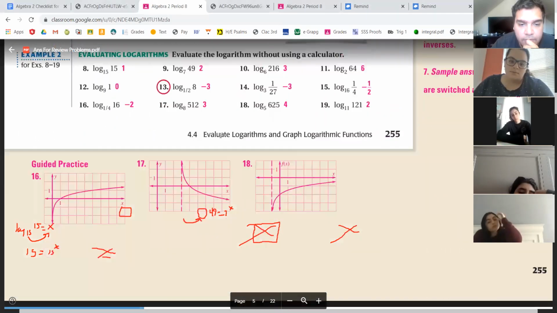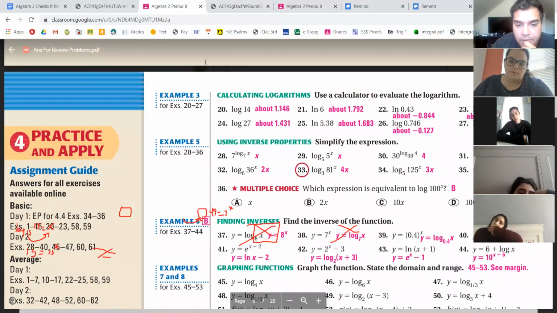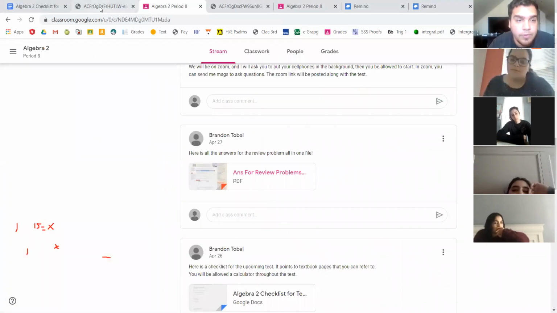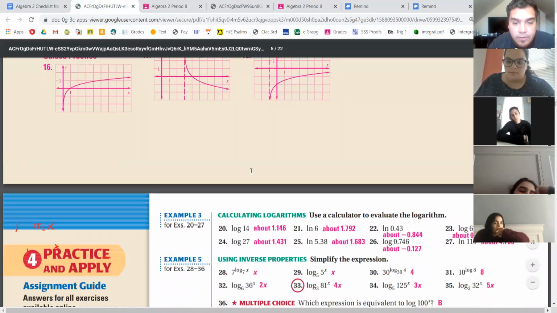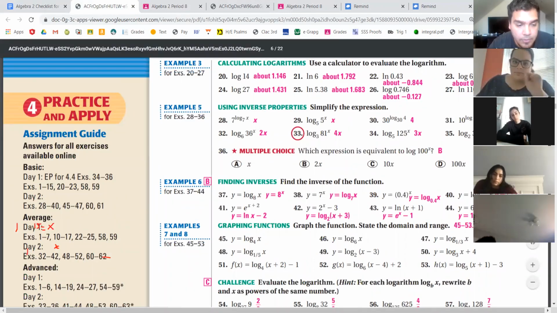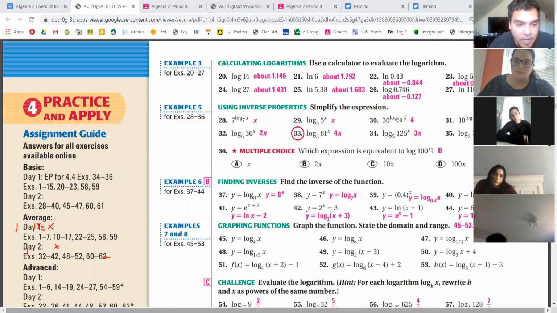Then let's go to the calculator section. I think I'm going to open up my calculator actually. Let's see if I can do that. Nope. Where does it go? Now, here it is. So I'm going to open up my calculator. In the calculator section, there's literally a button on your calculator that has both log and ln.